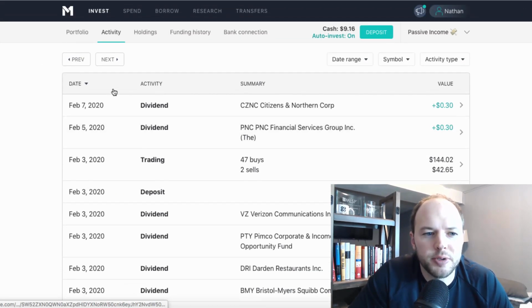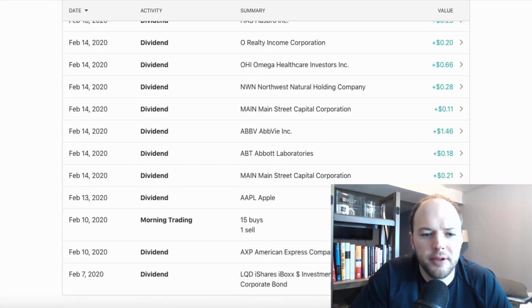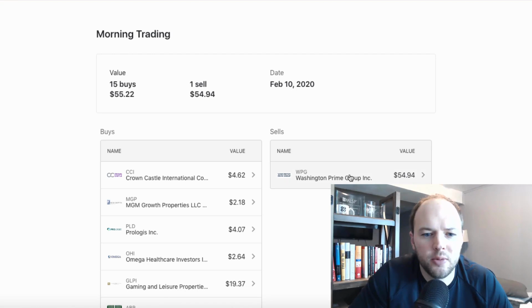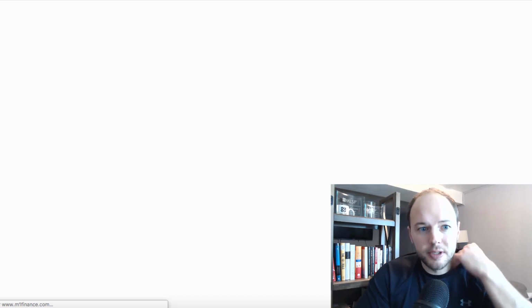So those are two there, and then I believe there was one more I had for the month. The other one that I had was WPG, which is Washington Prime, which is a REIT. That REIT just hasn't really been performing too well. I can actually pull it up here too.